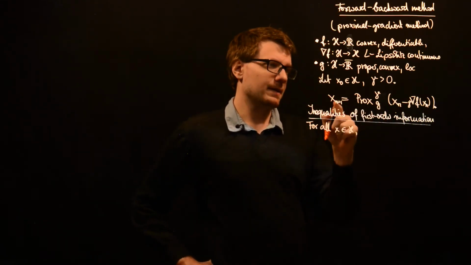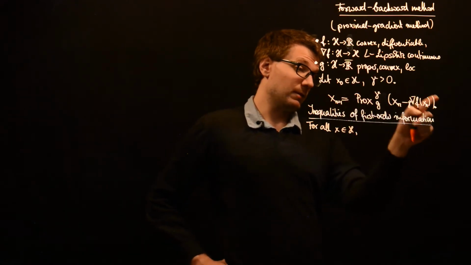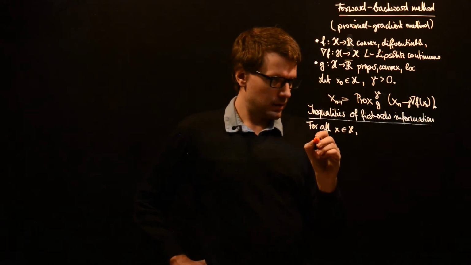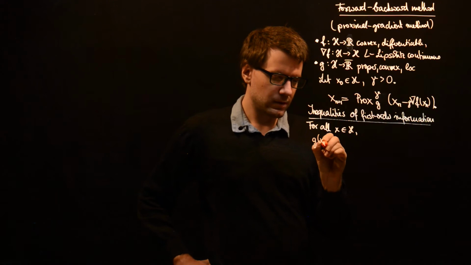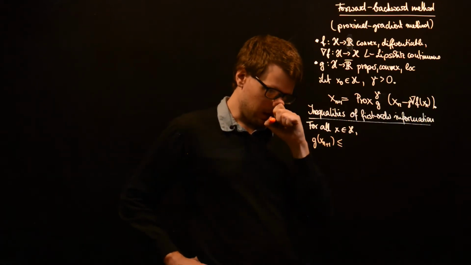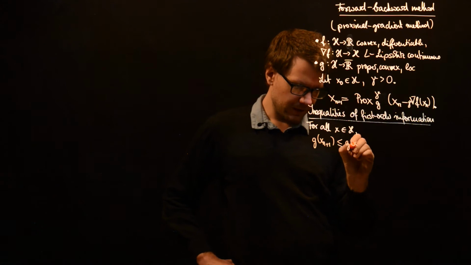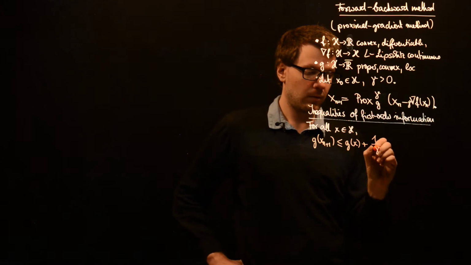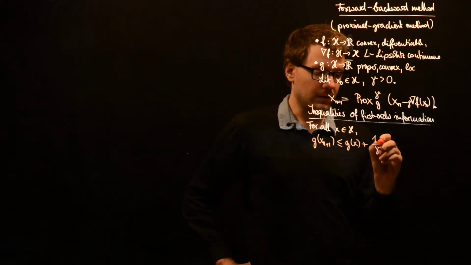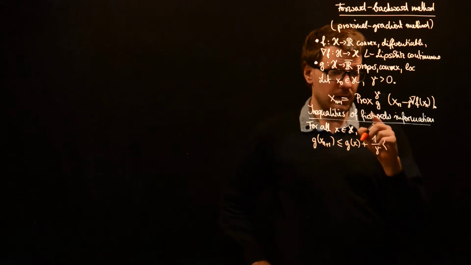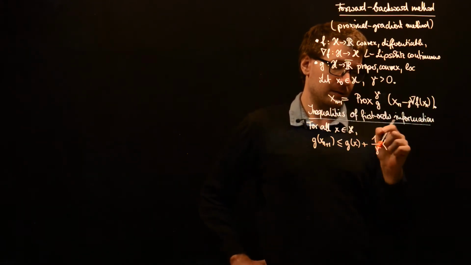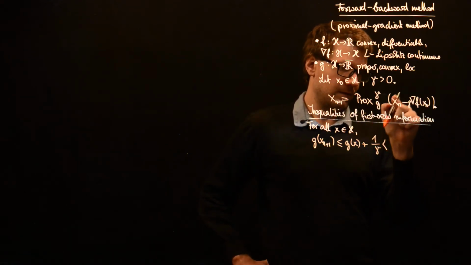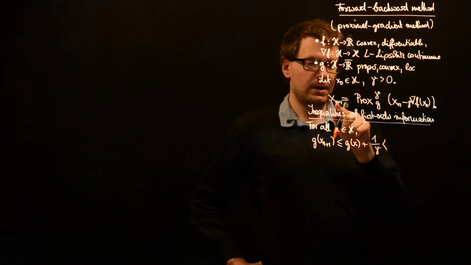And this means that when we apply the inequality for the proximal point, we get something like g of xn plus 1 less or equal than g of x at some arbitrary point. This was what we established in the video about the proximal points. We took the inequality of this. So first we divided by the step size gamma. Then we took the inner product of this argument minus the result.